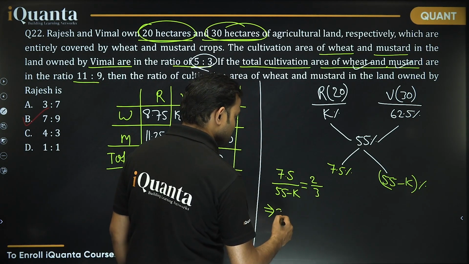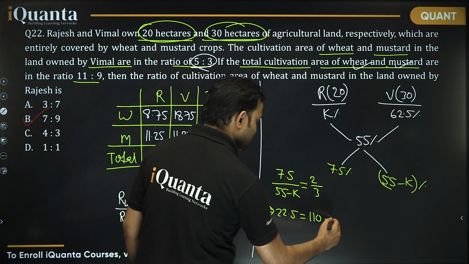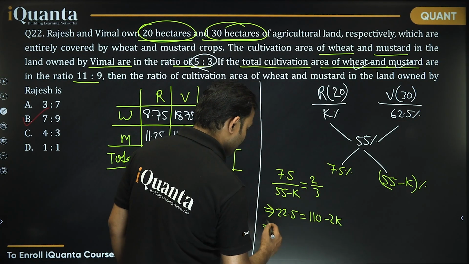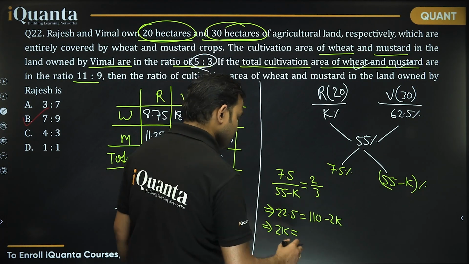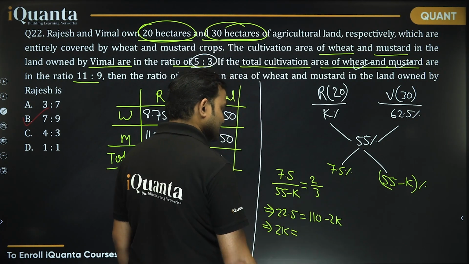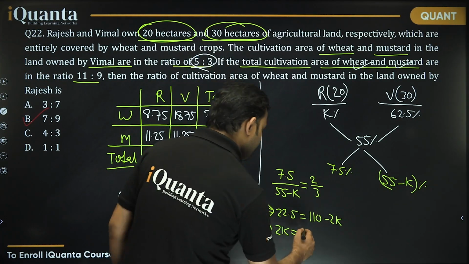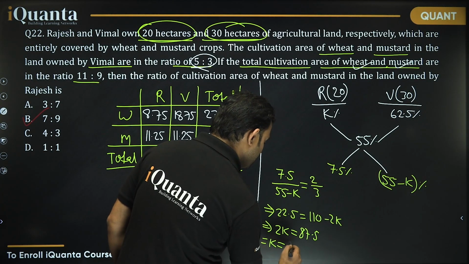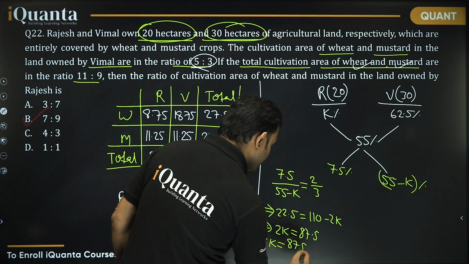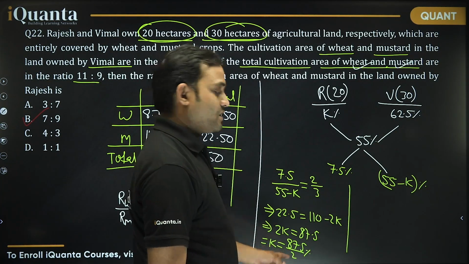Or we can say 22.5 is equal to 110 minus 2K, or 2K is equal to 110 minus 22.5. So 100 minus 12.5 is 87.5. So K is equal to 87.5 by 2%, right?